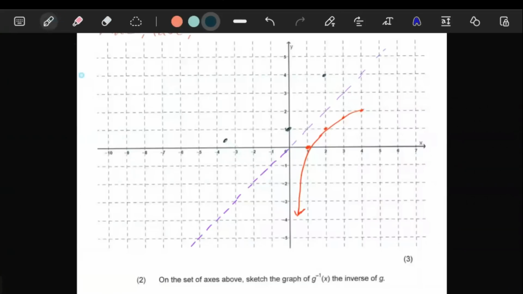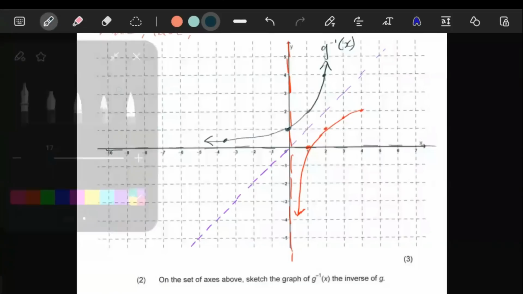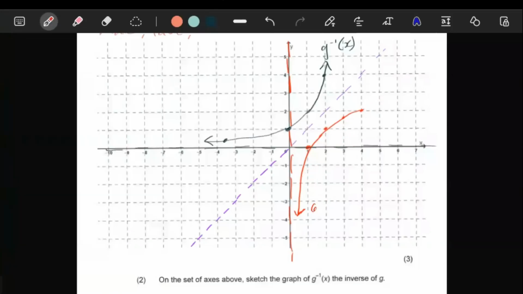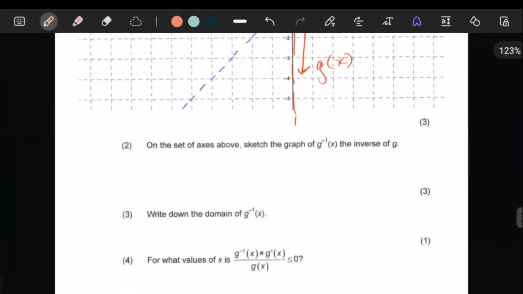And now remember, if your original asymptote is the one here, the new asymptote is going to be here where the x-axis is. So the sketch there is just going to look like this. See, that's your inverse of G. The red one is the graph of G. There we go. Let's keep it moving.